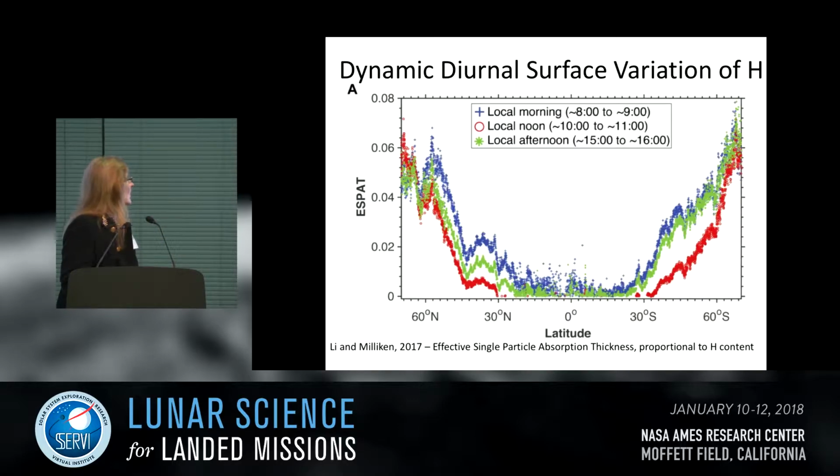We do know there's a dynamic variation of OH with time of day and with latitude, especially with latitude, where you have the OH concentrations zooming up towards the polar regions. There seems to be a dawn-dusk asymmetry, but it's not really as dramatic as the variation with latitude.